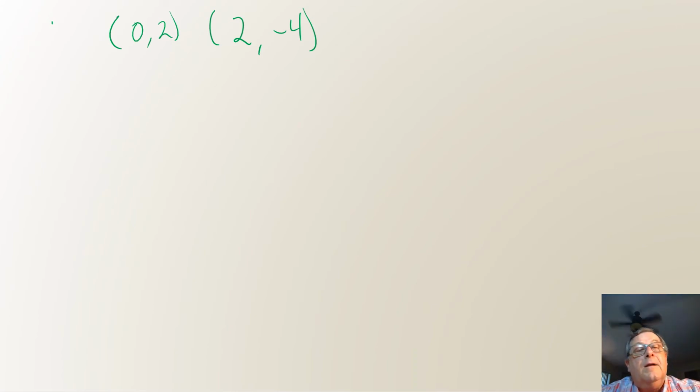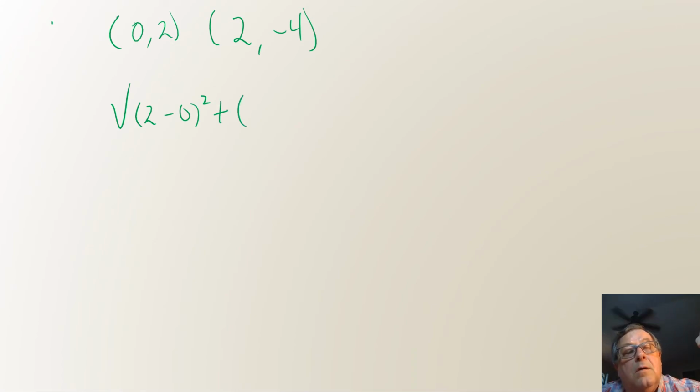Hopefully I got that right. So let's take the square root of that. So we got x2, which is -2, minus 0 squared, plus negative 4 minus 2 squared.